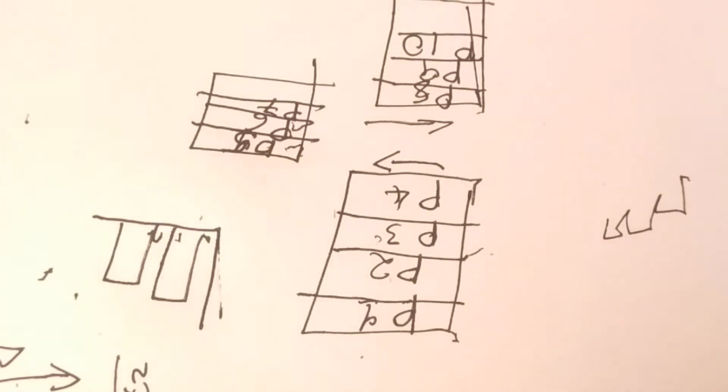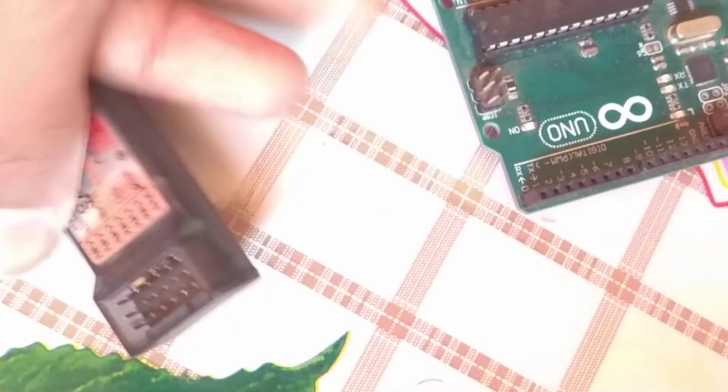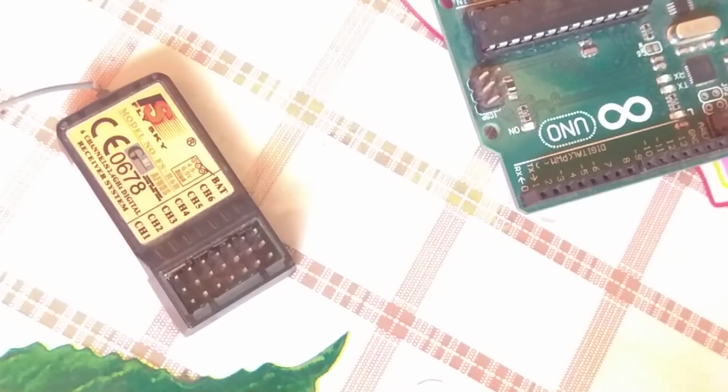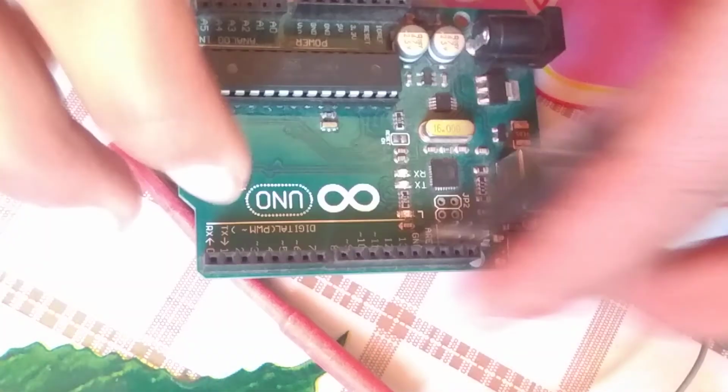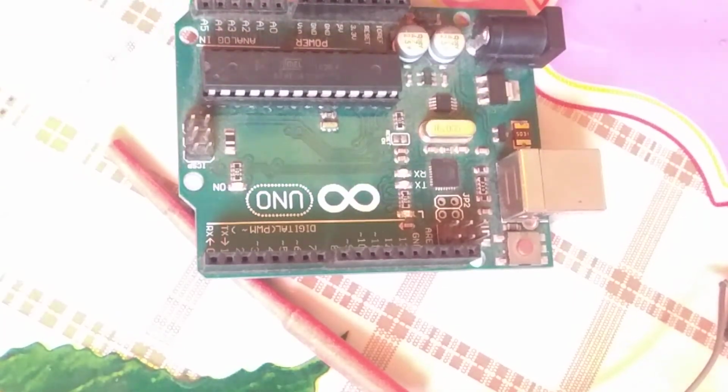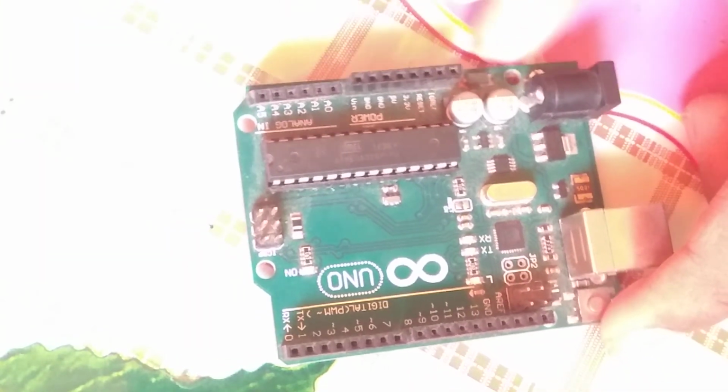So let's do the connection of it. This is our Arduino. This is our receiver. And we have some wires in here. So let's connect them. First, take any of the wires. We need to give power to our receiver.